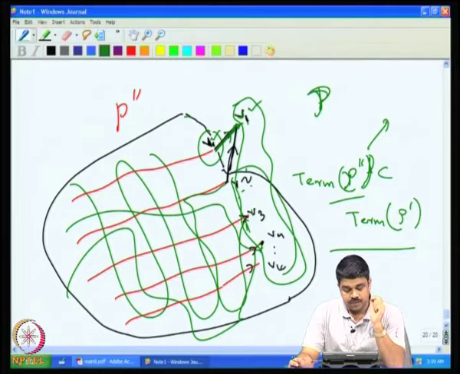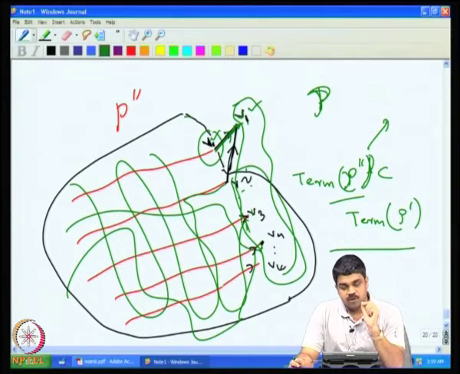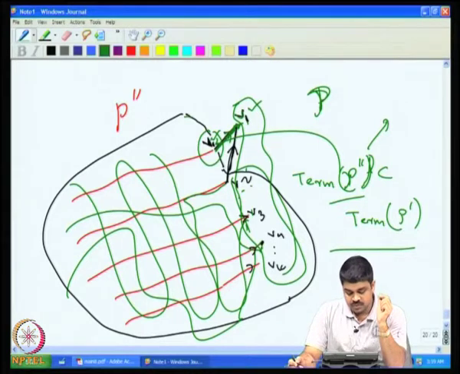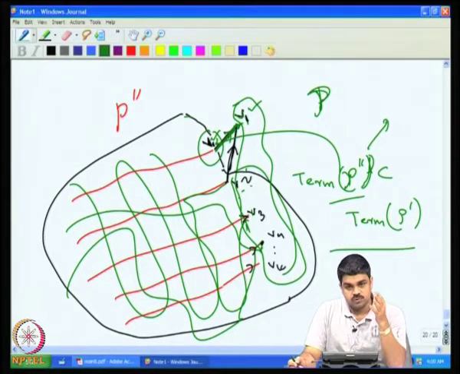Again I repeat, suppose our P double dash, the path cover whose terminal set is a proper subset of the terminal set of P dash, contains this vertex V. In that case I can extend the path of P double dash which ends in V to include V1 also, because there is a direct edge from V to V1.